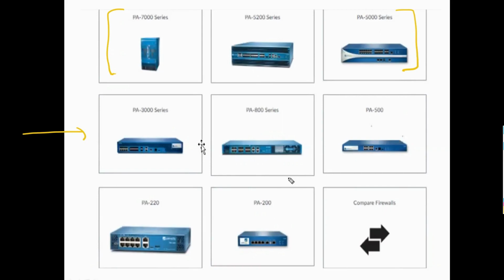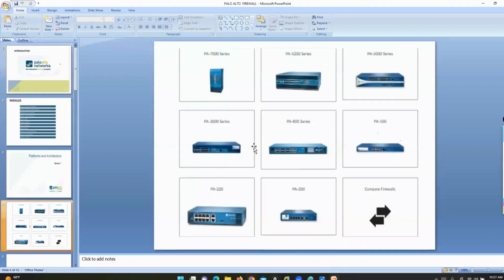For a small organization, you can go with the PA-200 series of firewall box, like PA-200 or PA-220. Let me show you this physical device, this physical hardware.